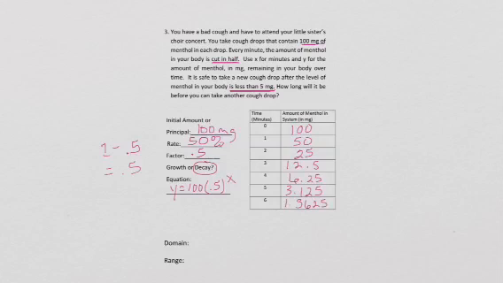So it says that it's safe to take another cough drop after the level of menthol in your body is less than 5 milligrams. So how long will it be before you can take another cough drop? Well, you can take another cough drop after it goes under 5 milligrams, which would be after 5 minutes.